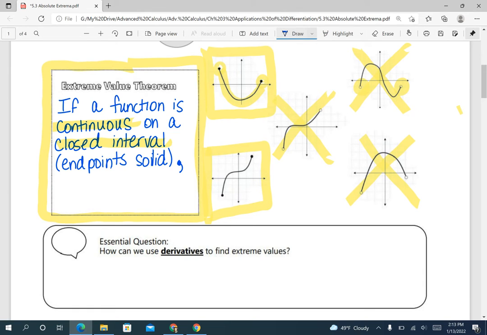So what happens if the criteria is met? Well, if a function is continuous on a closed interval with solid endpoints, then there must be an absolute maximum and an absolute minimum.